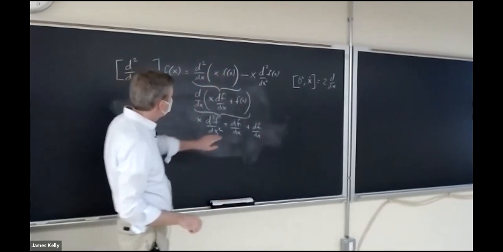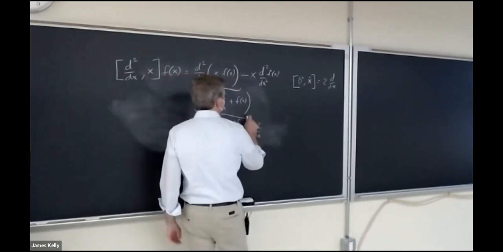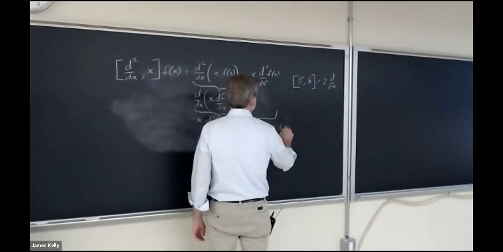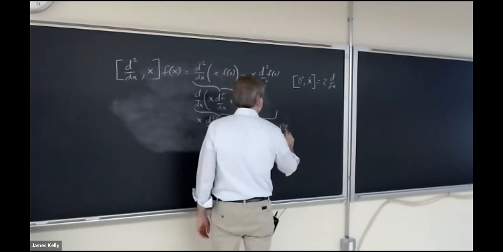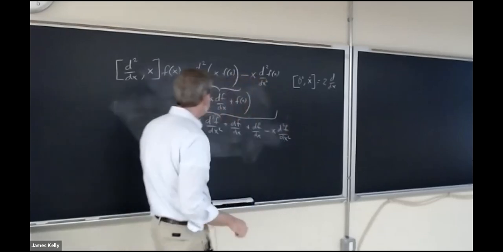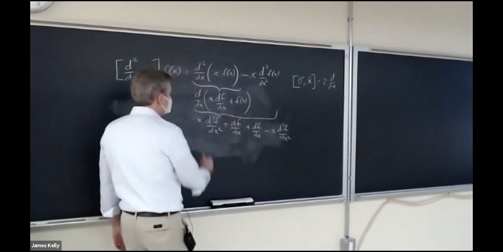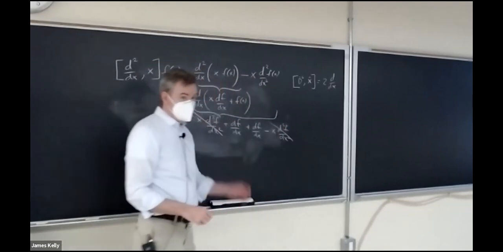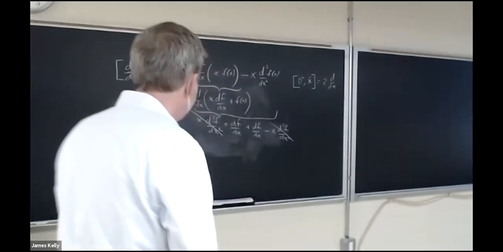Okay, so that's this part, and then if I just put the rest of it in there, I have minus x d squared f dx squared. So I get a cancellation, and you always get some sort of partial cancellation in this stuff when you're doing this.